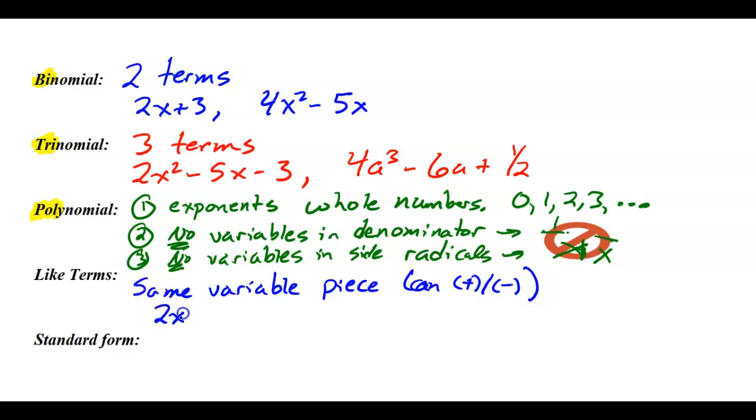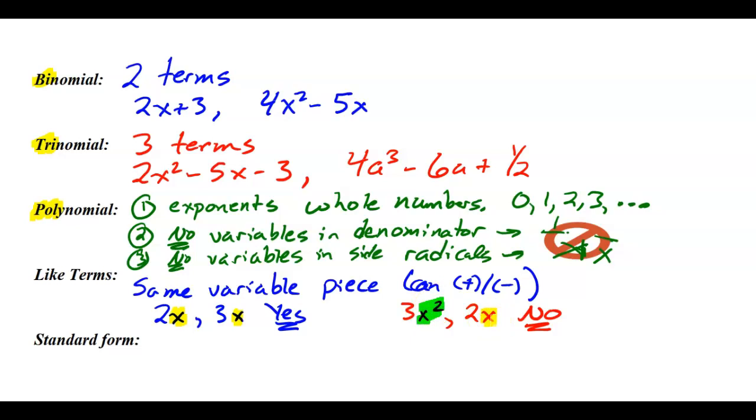So 2x, 3x is a yes. 3x squared, 2x is no. This x and x are the same. So 2x and 3x, the x is matching. If I look at this, I have x squared and x, and they are not matching.